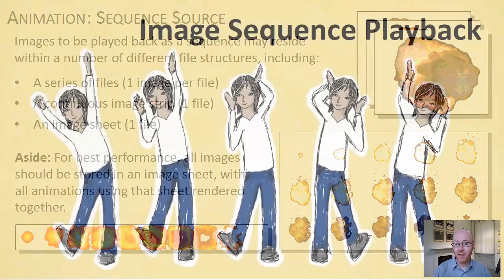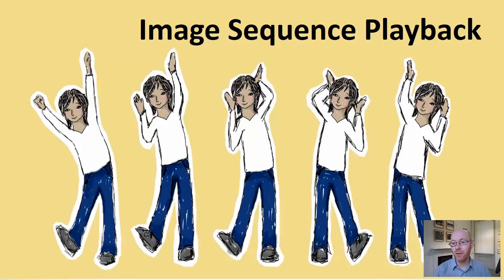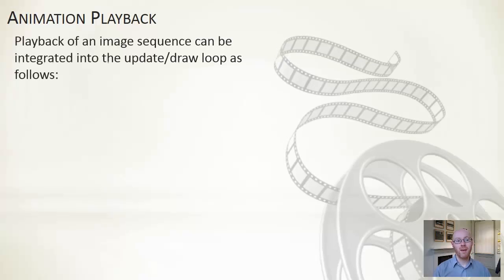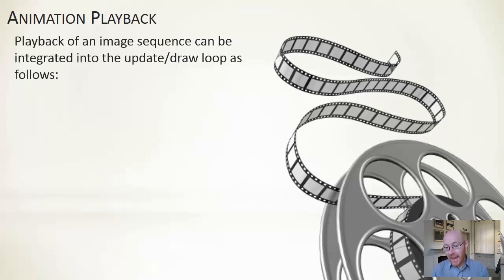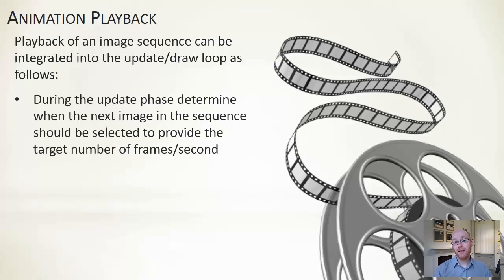So let's have a look at playback, how we can actually sequence a series of images to give the appearance of continuous animation. We will be integrating this within our update and our draw loop, and each of these components will have their own particular tasks. In the update phase, this is arguably where we do all the hard work, but it's not that hard.